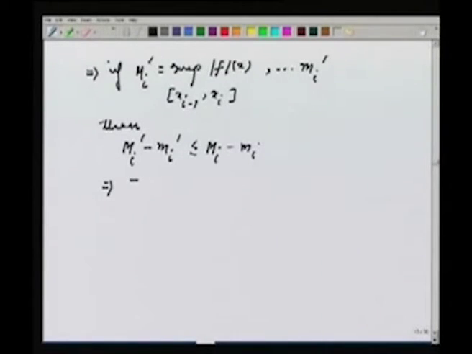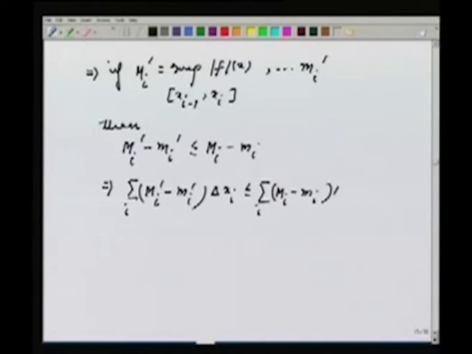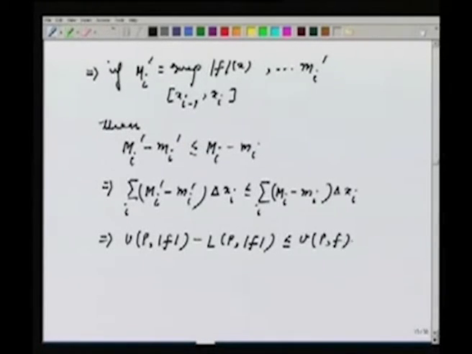This then implies that the summation over i of (M_i prime minus m_i prime) times delta x_i is less than or equal to the summation over i of (M_i minus m_i) times delta x_i, which in turn implies U(P, mod f) minus L(P, mod f) is less than or equal to U(P, f) minus L(P, f).